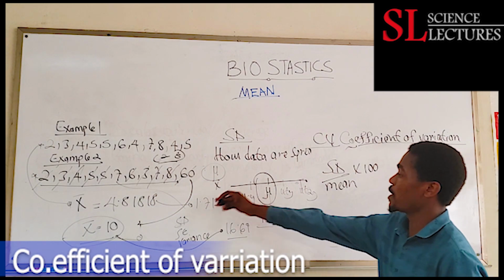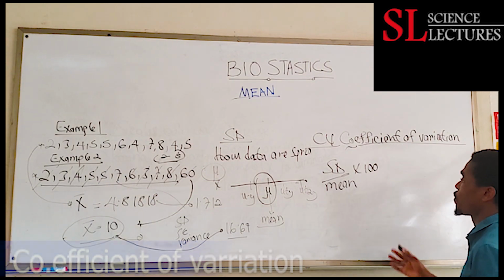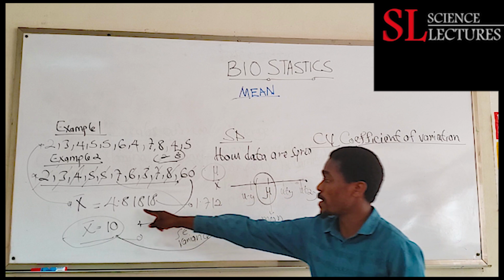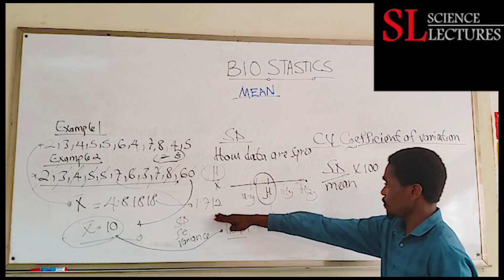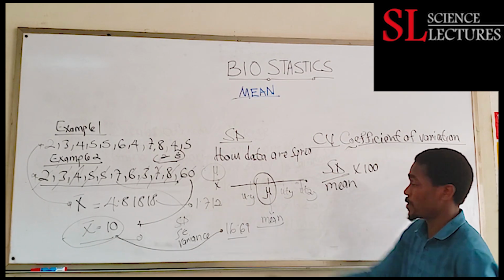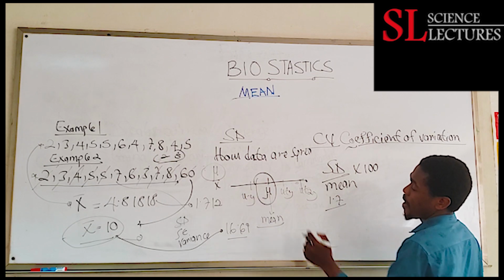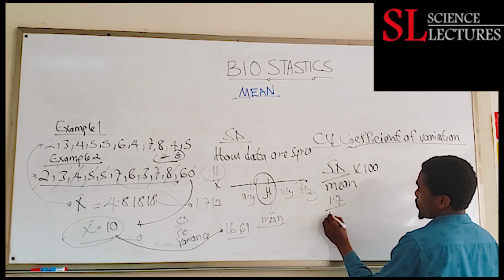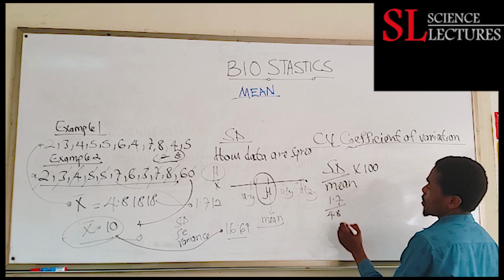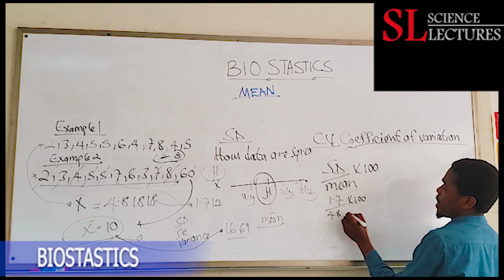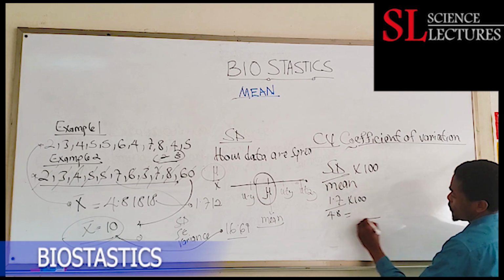We can use the same examples to calculate the CV for each. So for example 1, we'll get the standard deviation, which is 1.7. We divide it by the mean, which is 4.8. We multiply by 100 and we'll obtain a value for CV.